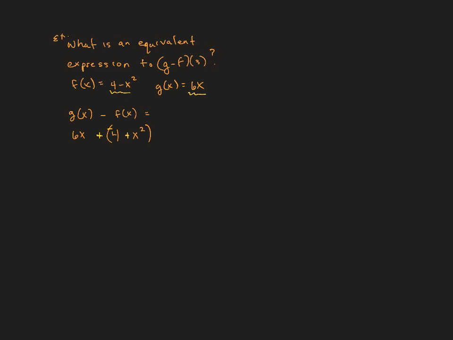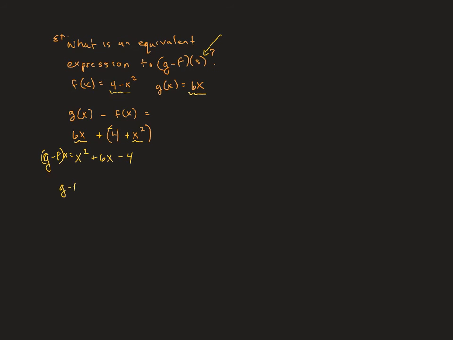There's nothing here to combine, so if I rewrite it in standard form, I have x squared right here, plus 6x right here, minus 4. And there you go, there's my new expression of g minus f of x equals that. And then it wants me to evaluate it for the value of 3. So wherever I have an x, I'm going to input 3.